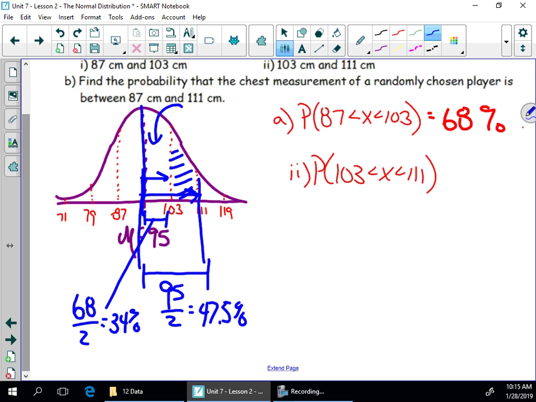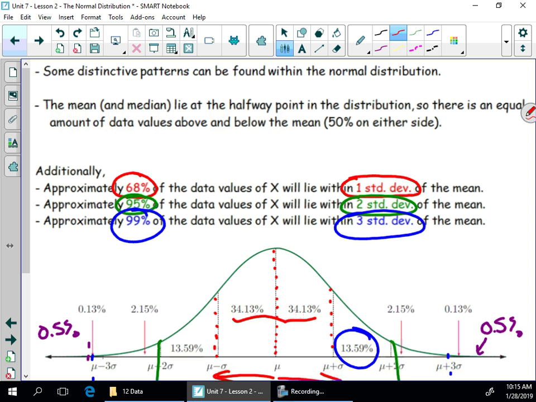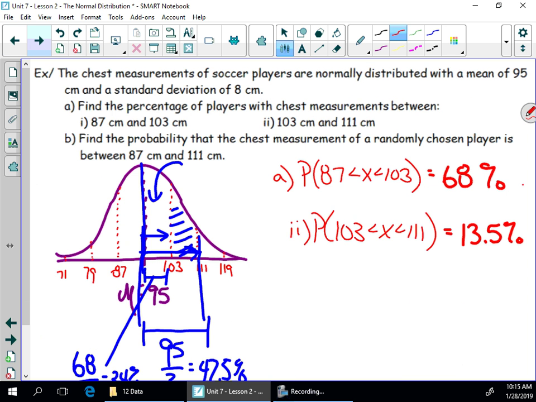But if I get rid of this section, 34, I'm left with 13.5%. Now, as I said, if you can remember, it's 13.59 or 13.5. Totally works, right? That's what the number is right there. But I can also figure it out by thinking about this a little bit. Let's try part B.